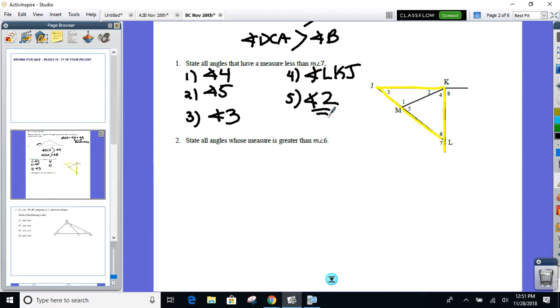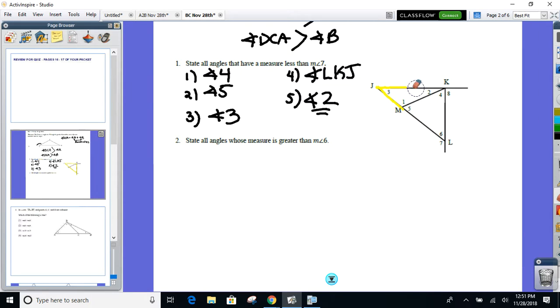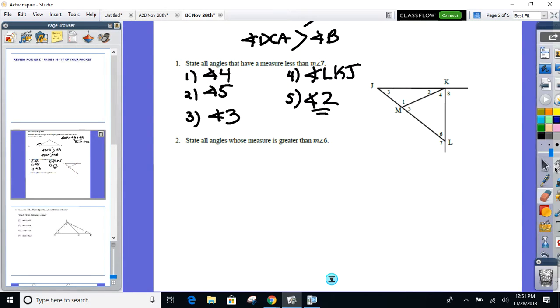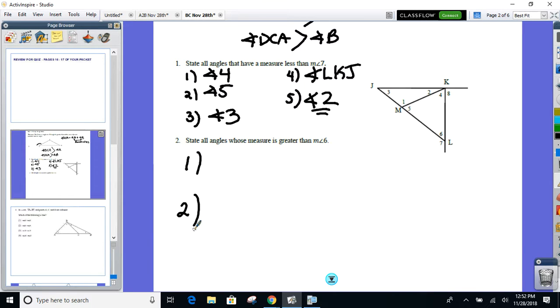Anything else? Okay, another challenge. Find angles that are greater than 6. And there's 2 of them. Find angles that are greater than 6. Now we're going inside the triangle. There's 2 of them. Angle 6.